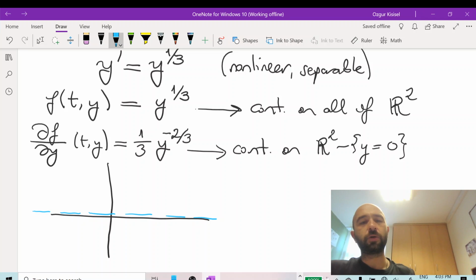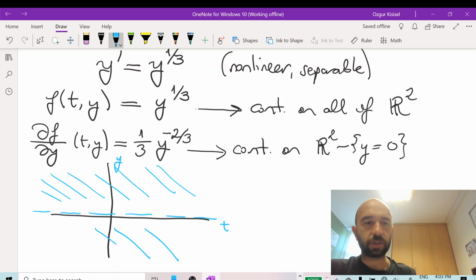So this is t, this is y. Your rectangle could be either up here somewhere or down here somewhere, right? On the shaded regions, both functions are continuous, but on y equals 0, the second function is not.